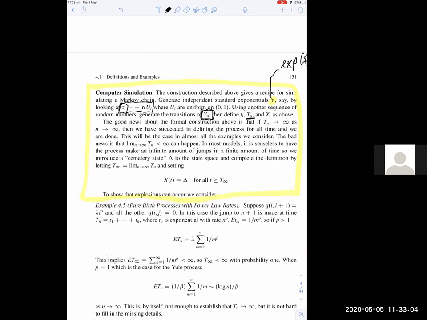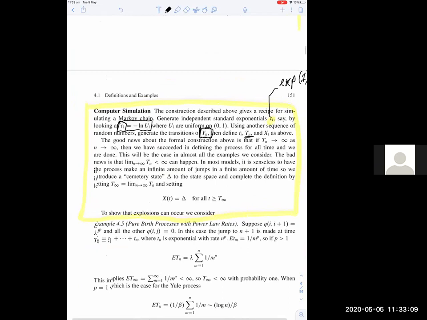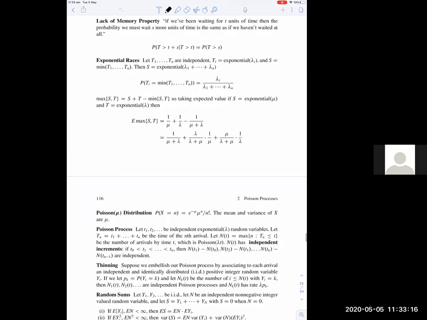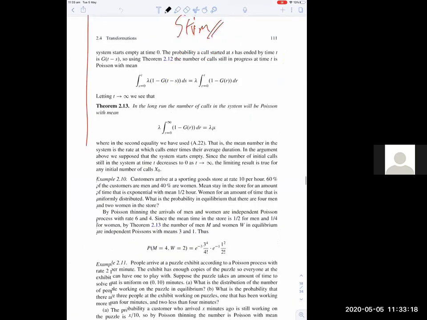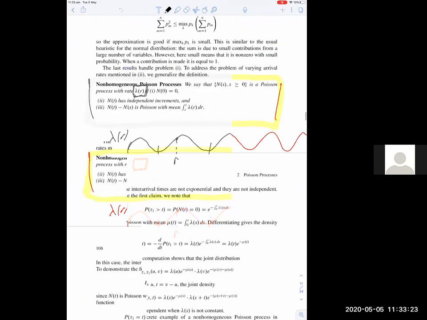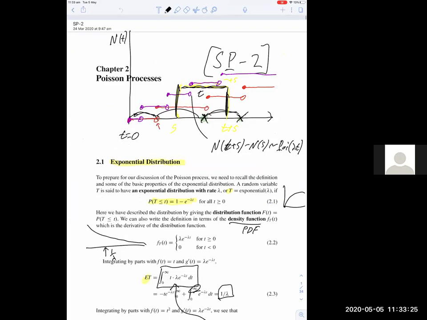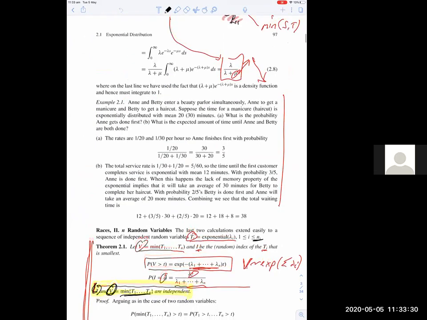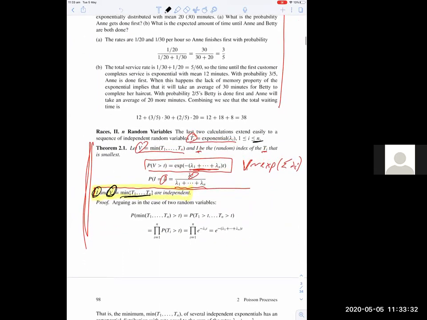Now, this is an exact simulation of a continuous time Markov chain due to a fact we saw in SP2, when we spoke about exponential random variables: theorem 2.1 of SP2.